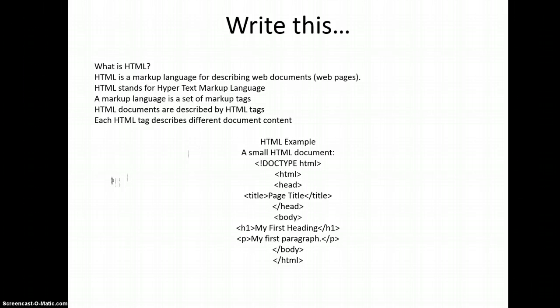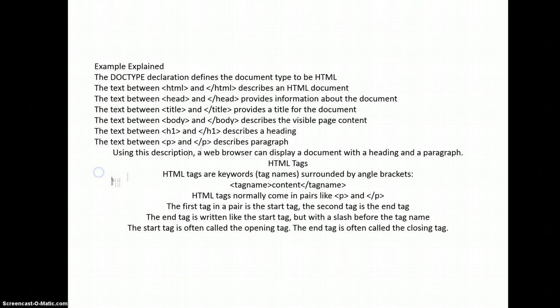This is what I need you to write down. The doctype declaration defines the document type to be HTML. The text between the html bracket and slash html describes an HTML document.